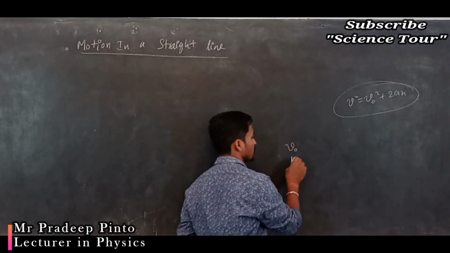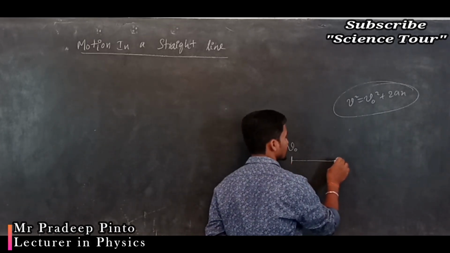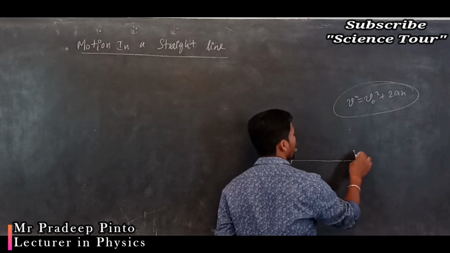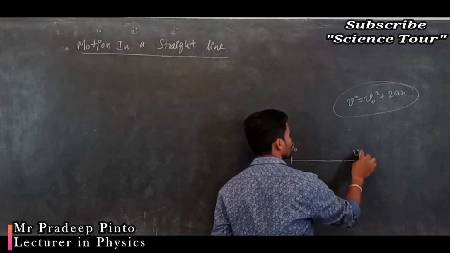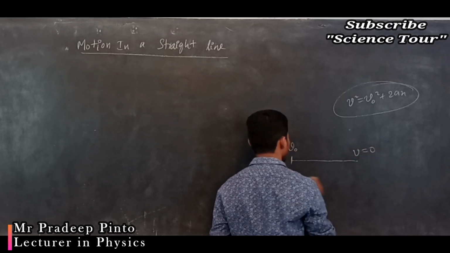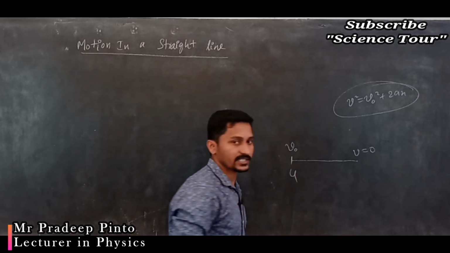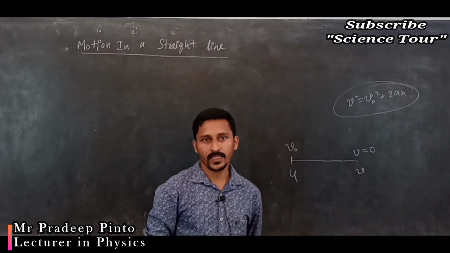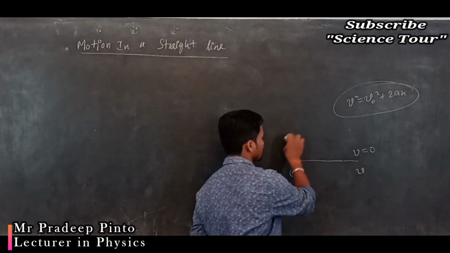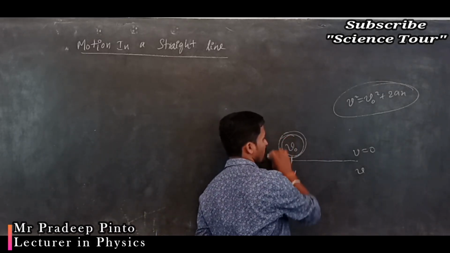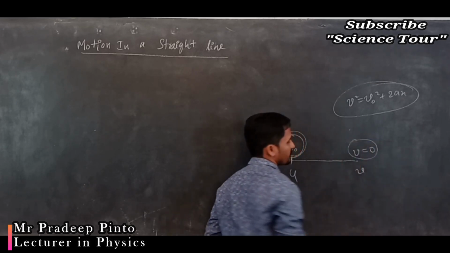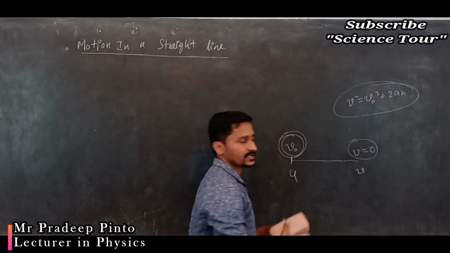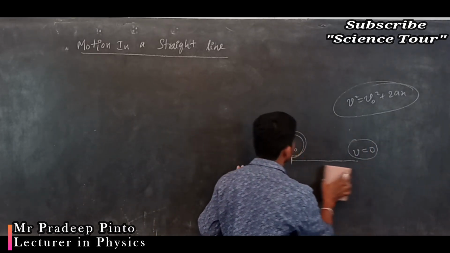Now it travels, the velocity decreases, and the final velocity becomes 0. Some of you have written initial velocity as u and final velocity as v. But according to the NCERT we are going to write it as v naught and v. Okay, let it be, you can use any notation.